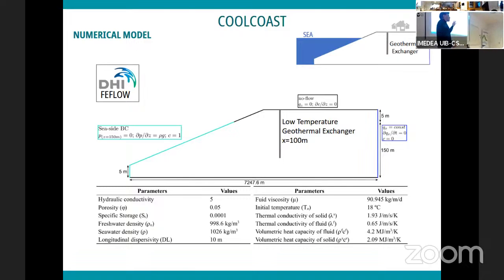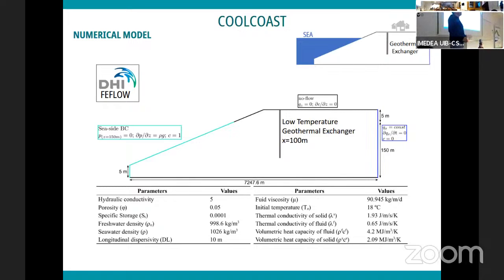Think about how a fridge works, where we store food, and there is a compressor. This is the same technology, more or less, simplifying it a lot. We exchange temperature through these pipes.